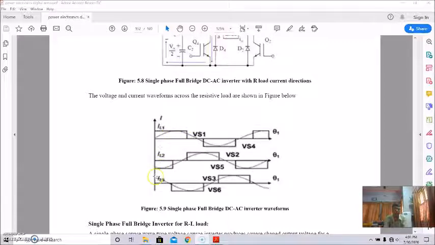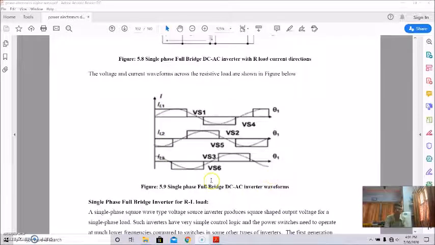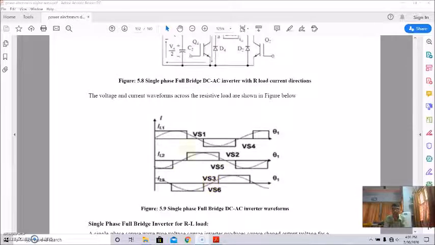And this is IL1, this is IL2, this is IL3, and so on. So actually this is the voltage and current waveform. Clear? So I think you have understood this operation and the waveforms of a pattern like this.